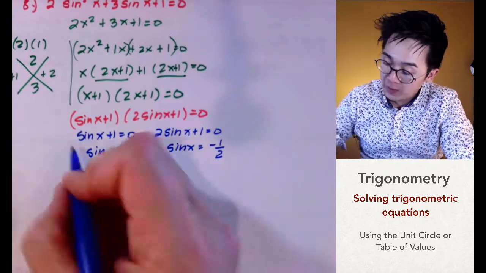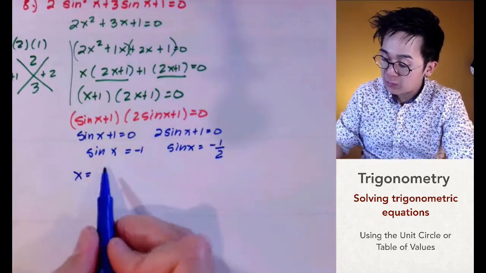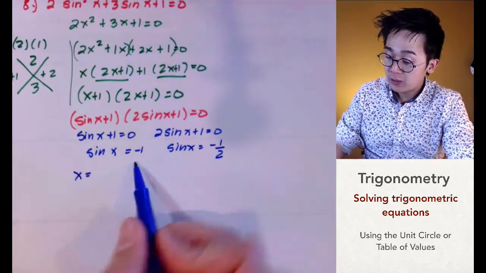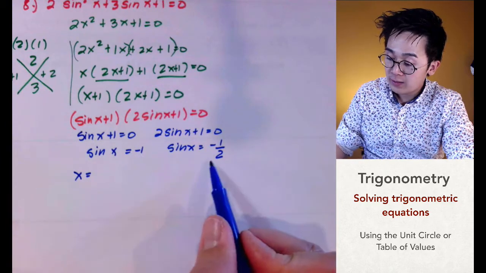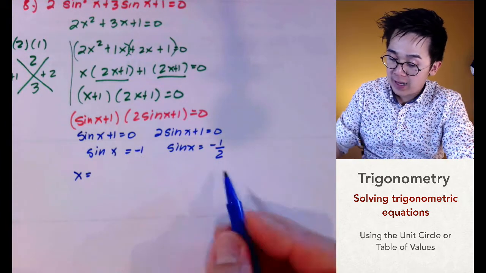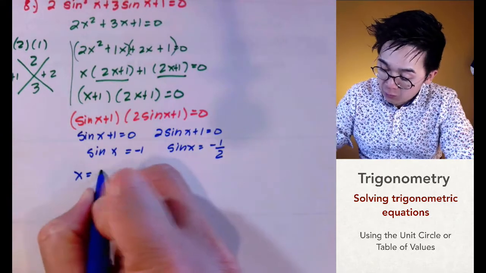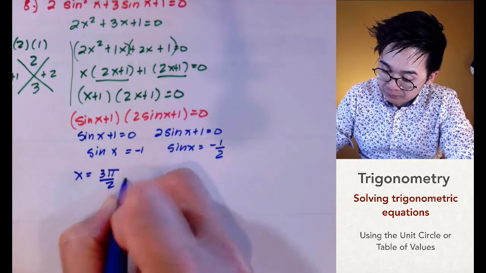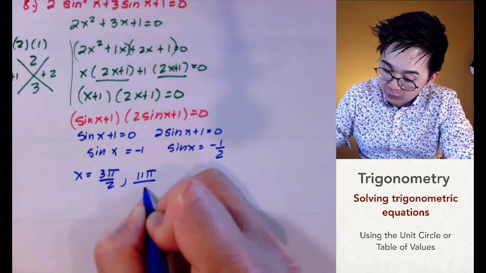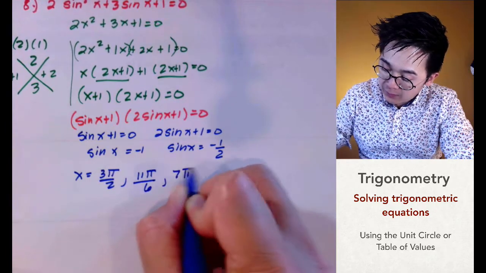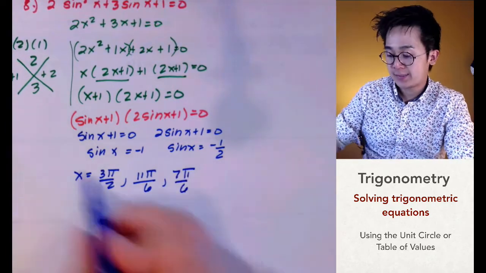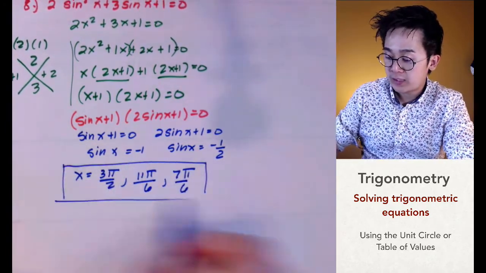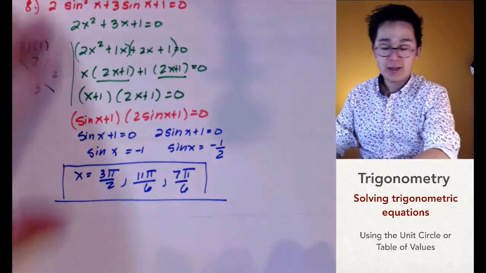So the x values that we have would be, using the unit circle, at sine x equal to negative 1 and sine x equal to negative 1/2, it will be at 3 pi all over 2, 11 pi all over 6, and 7 pi all over 6. So these are the solution set of problem number 8.